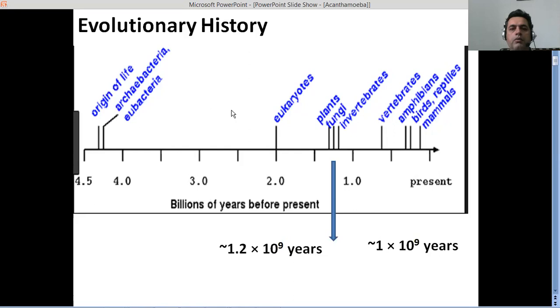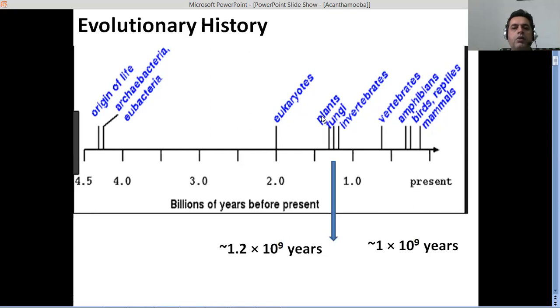So, by looking at evolutionary history of amoebas or acanthamoebas, and by looking at the sequences and phylogenies based on sequences of these amoebas, we can put their appearance era in between the plants and fungi, certain types of yeast, which would be between 1 and 1.2 times 10 to the power 9 years ago.